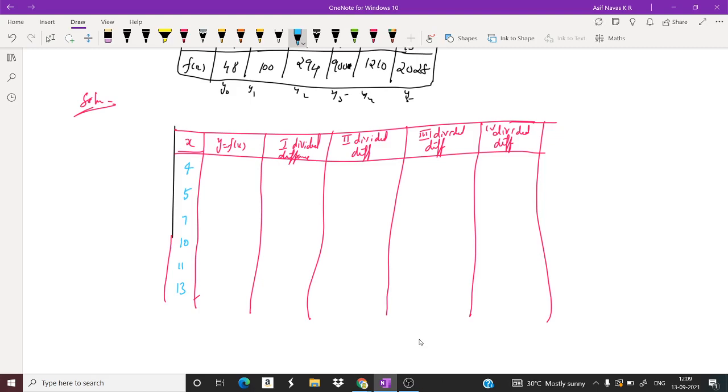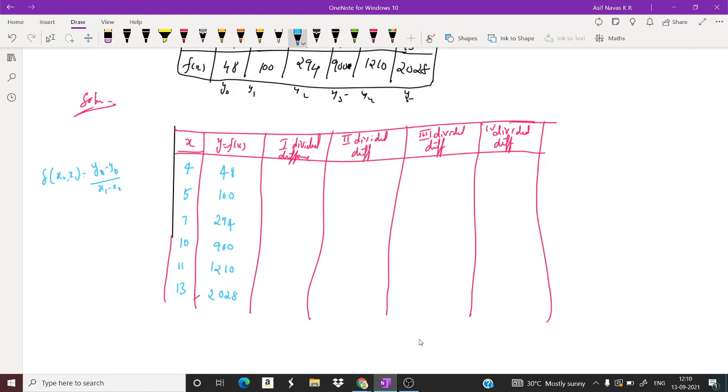Now 48, 100, 294, 900, 1210, 2028. So for the first divided difference, we know that delta x0 x1 is equal to y1 minus y0 divided by x1 minus x0.